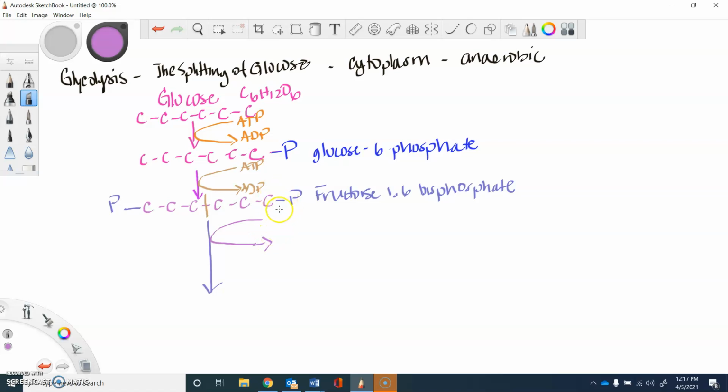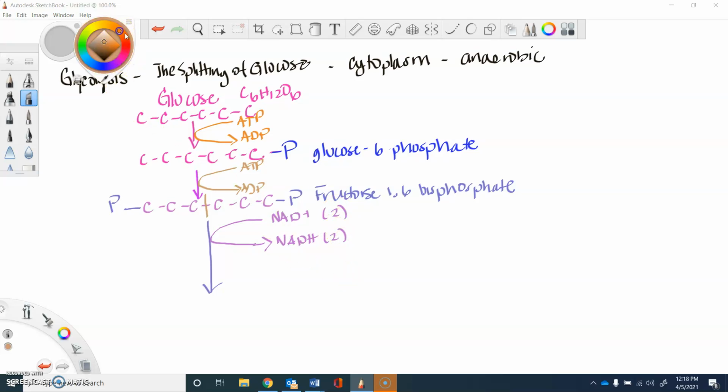So in this process where we're starting with the fructose 1,6-bisphosphate, we get an NAD plus to an NADH. And we get 2 of those in this process. Okay.